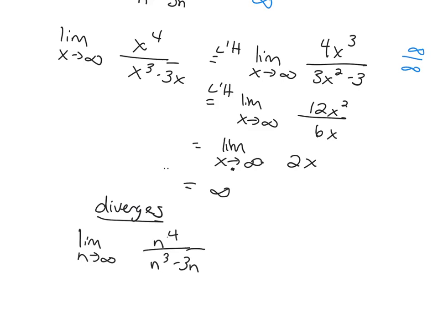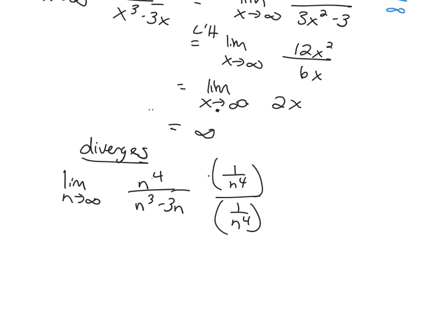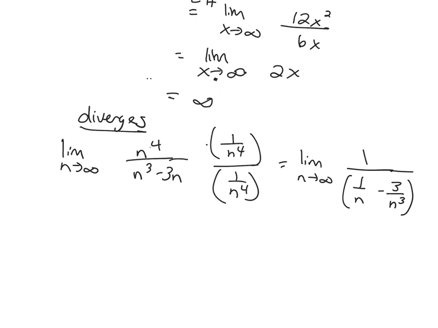And you can multiply by 1 over n to the fourth. Yep. And then you distribute. So you'll get 1 in the numerator. You'll get 1 over n minus 3 over n cubed when you distribute. And look at what happens now. The numerator is 1.